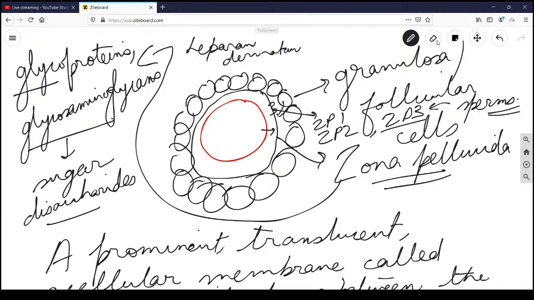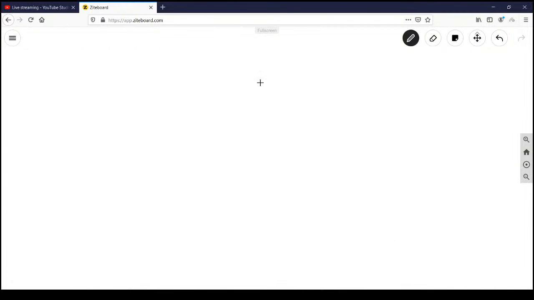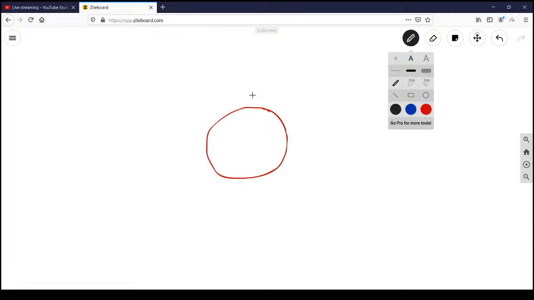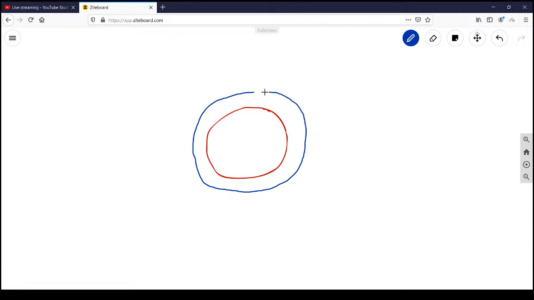We have here the zona pellucida, it can be drawn like this. Then I can draw the follicular cells like this.